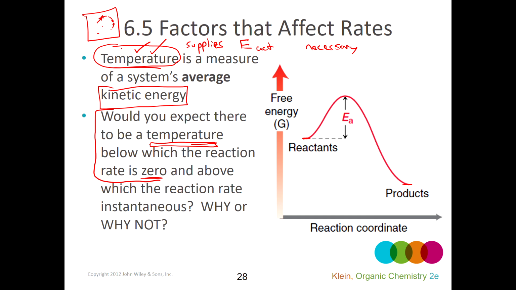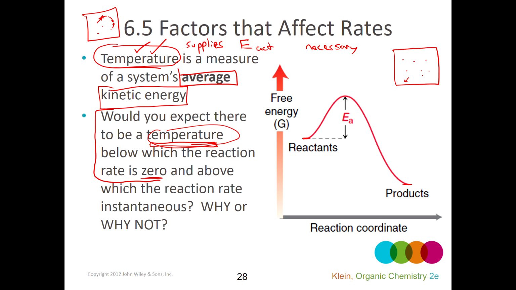And the reason for that is because temperature represents the average kinetic energy. So if I've got a sample of reactants and they're bumping around and moving around in here, even at a very low temperature, where on average my molecules are moving slowly, there's probably a couple that are moving relatively fast, right?